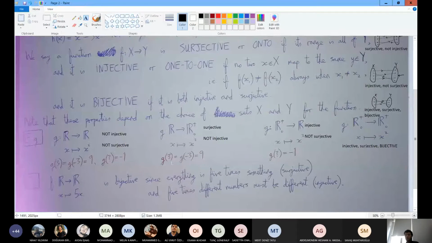Nothing is hit more than once because we're mapping from the domain of positive numbers, and also nothing is not hit because we're mapping into just a set of positive numbers. So in this set, from this domain, every number is hit exactly once.